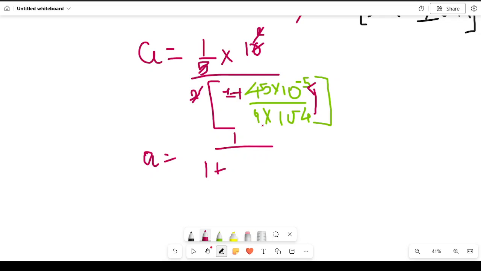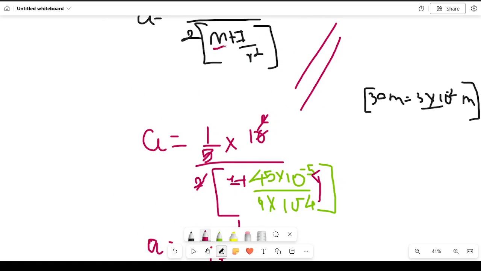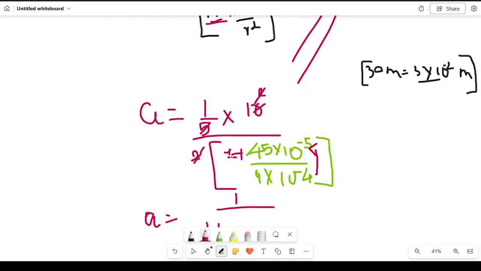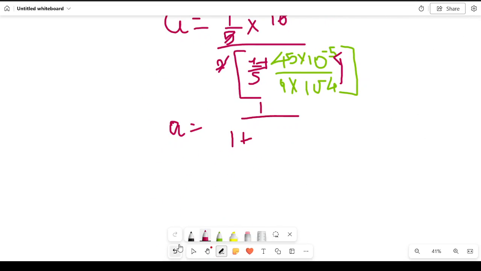So 4.5 divided by 9, actually this is not 1, I made a mistake, this is actually m, right? So m is not 1, it is equal to 1 by 5. 1 by 5 can be written as 0.2.